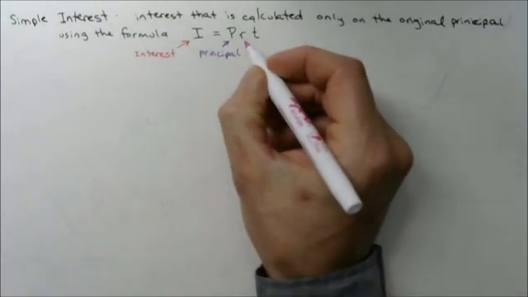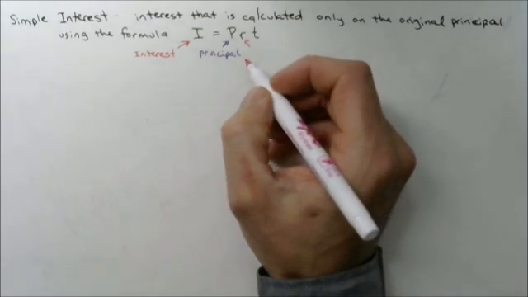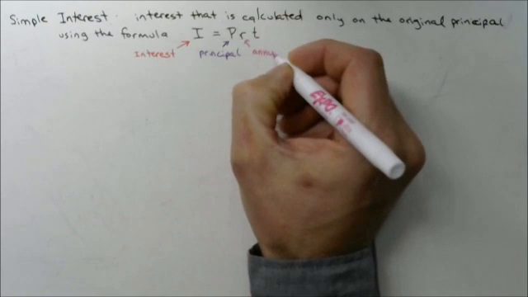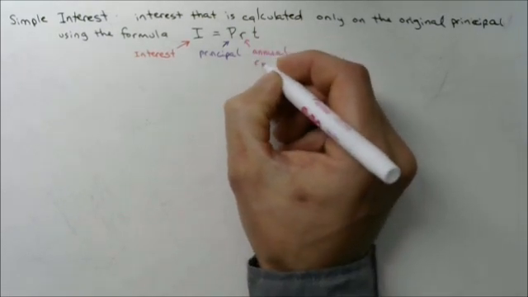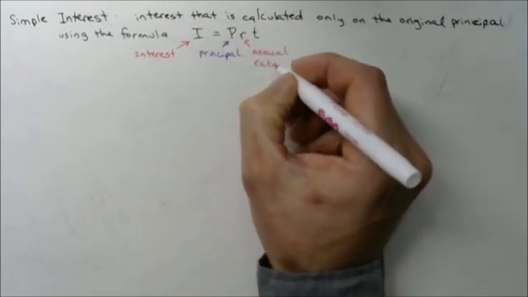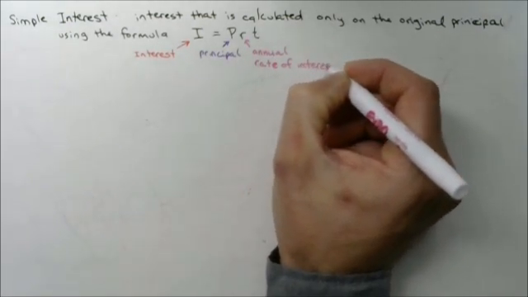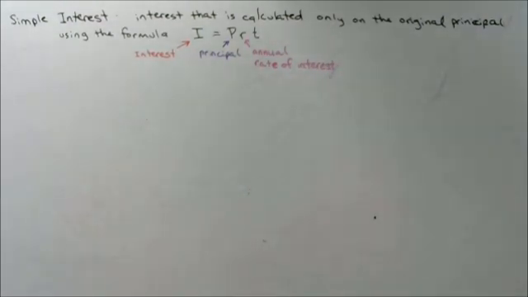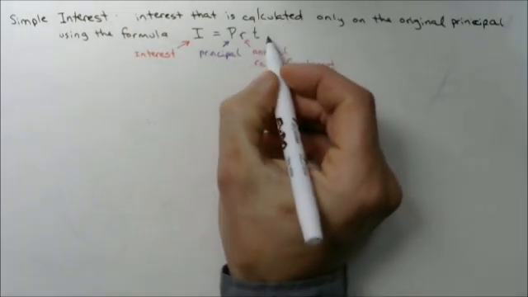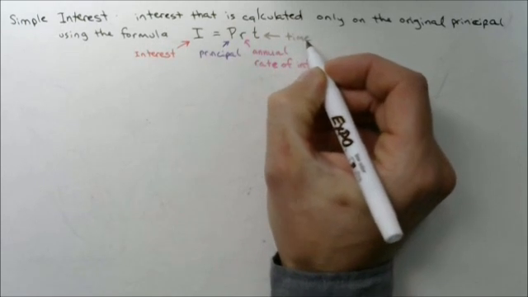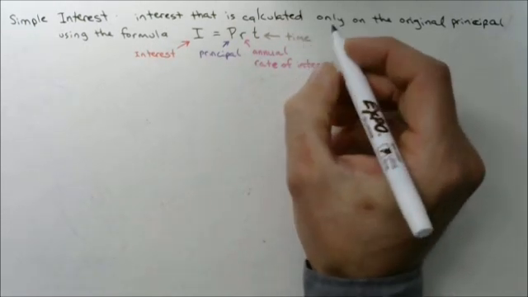R represents the annual rate of interest, and T is time in years.